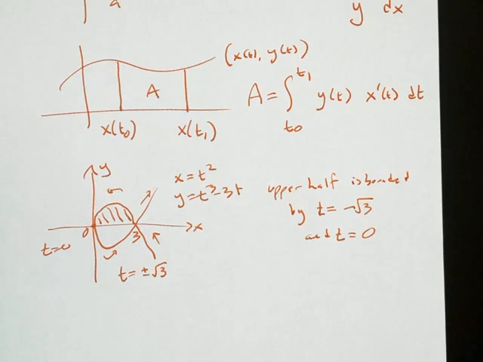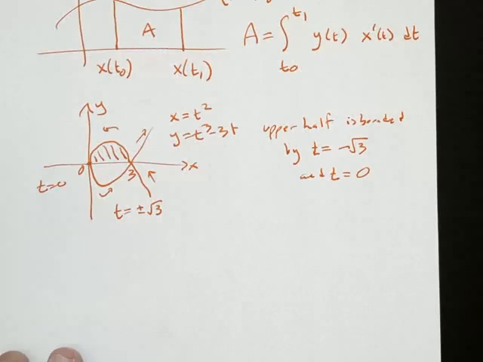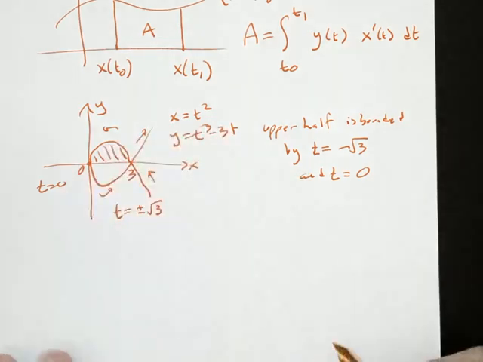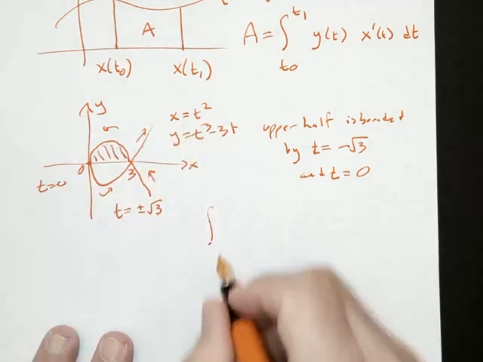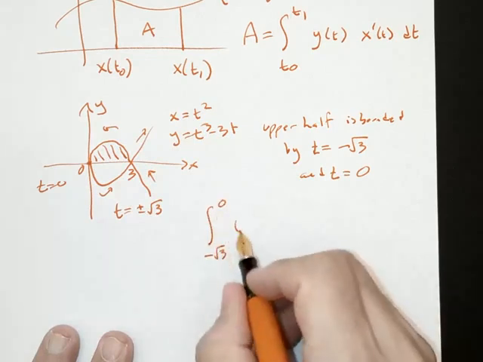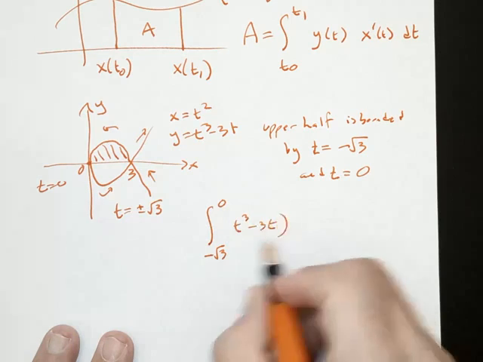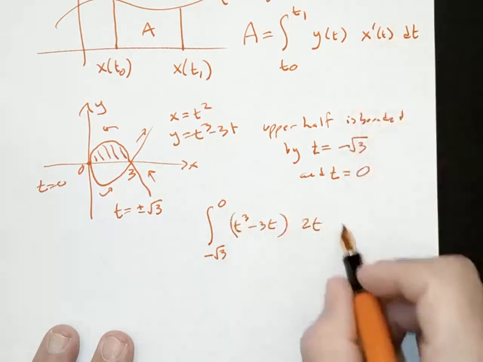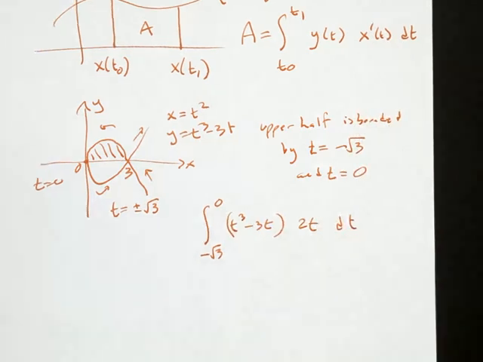I can do the whole thing, but I don't think I need to at this point. I'm just going to multiply by 2. I could go from negative root 3 to positive root 3. That would give me the whole thing, wouldn't it? But let's do it this way for the moment. Y of t, x prime of t, dt.